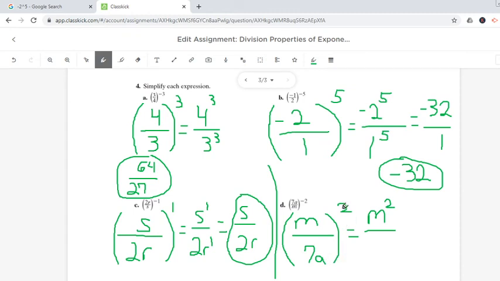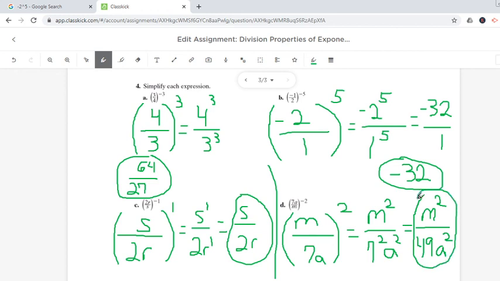So we have 7 squared. So I'll write it all out. 7 squared. Then we have a squared. So we'll keep the m squared right here. And then 7 squared, 7 times 7 is 49. And then a squared. Okay, and so this is our answer.